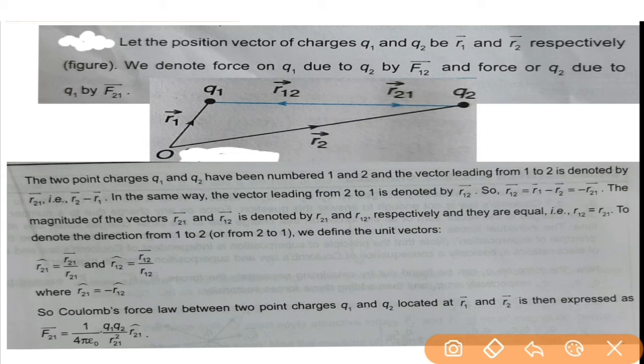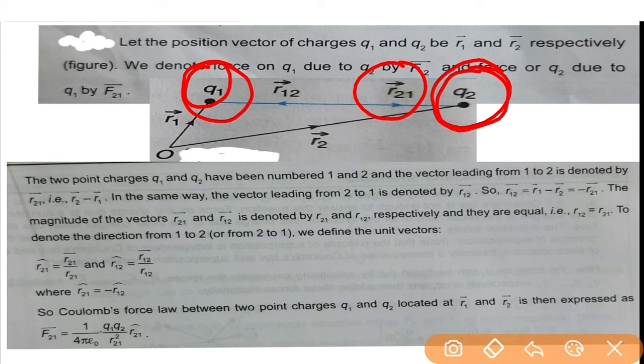Now the position vector of q2 with respect to q1 is r21 vector, and the position vector of q1 with respect to q2 is r12 vector.